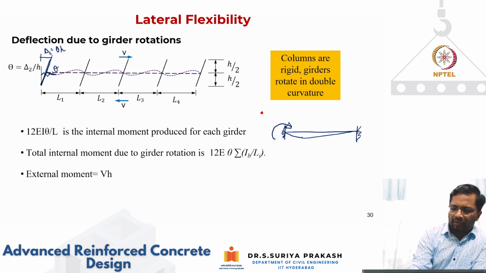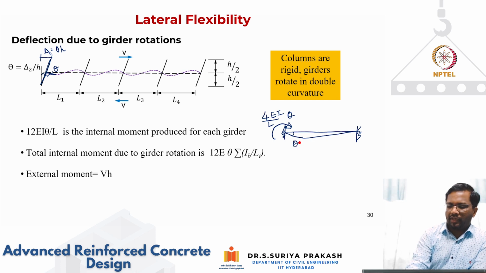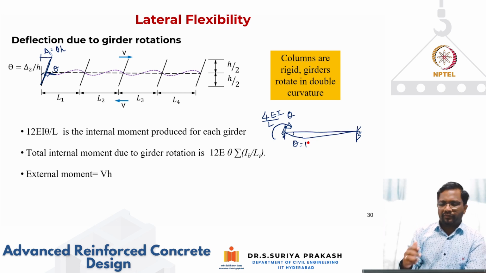It is going to be 4 EI by L into theta, which is equal to 1. Okay, so if I need to rotate it by theta, I have to apply this moment of 4 EI by L into theta. Now the theta, I am going to take it equal to 1. Right, so this is the moment that I need to apply when your far end is fixed.